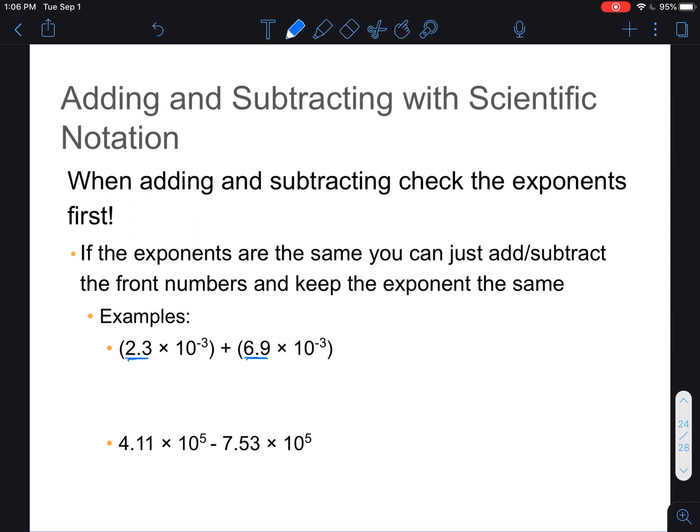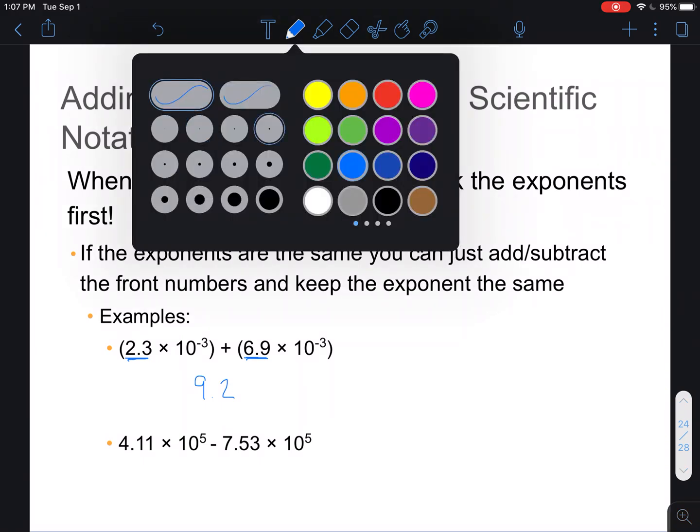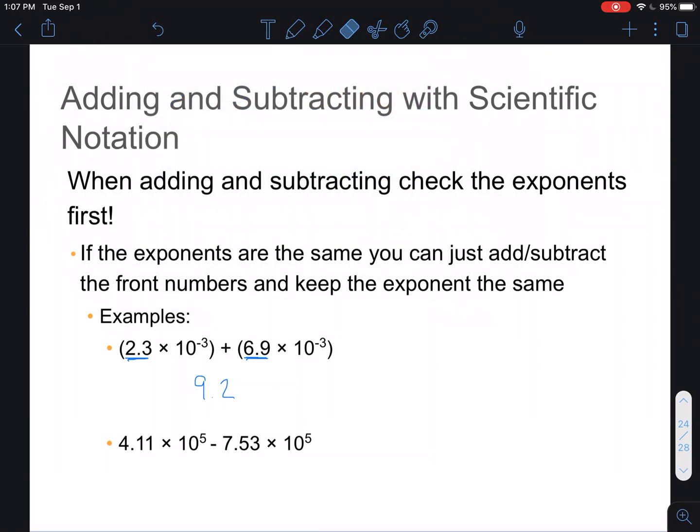So the 2.3 and the 6.9 will be added, and that will give us 9.2. And because the exponents are the same, that means that the scientific notation just carries down.